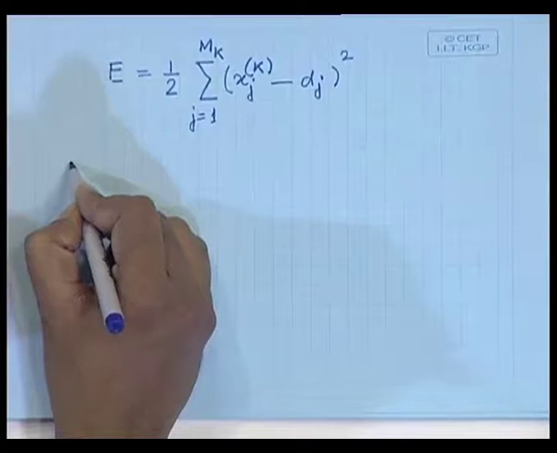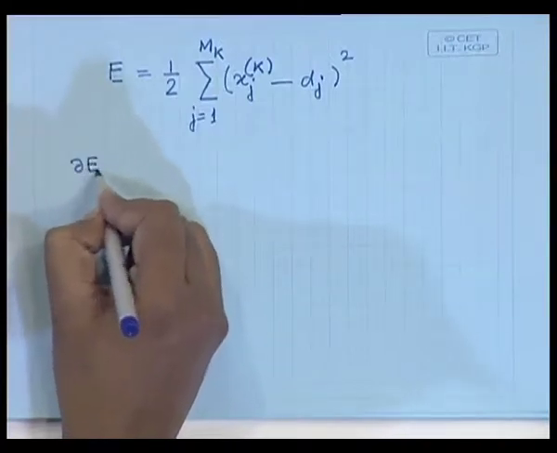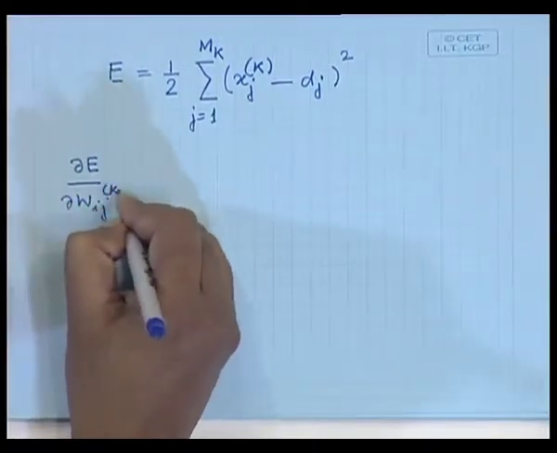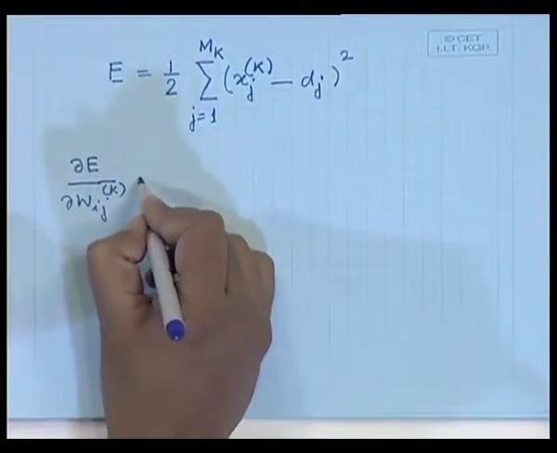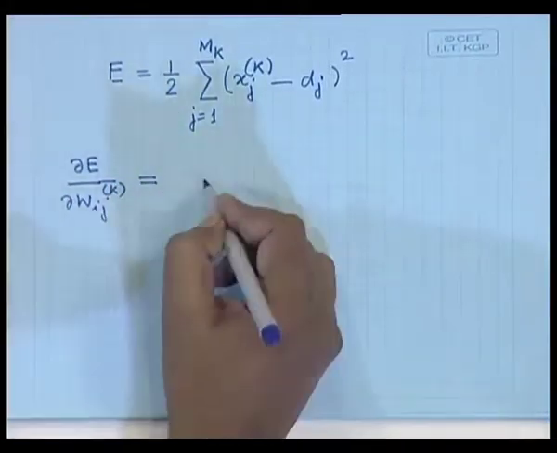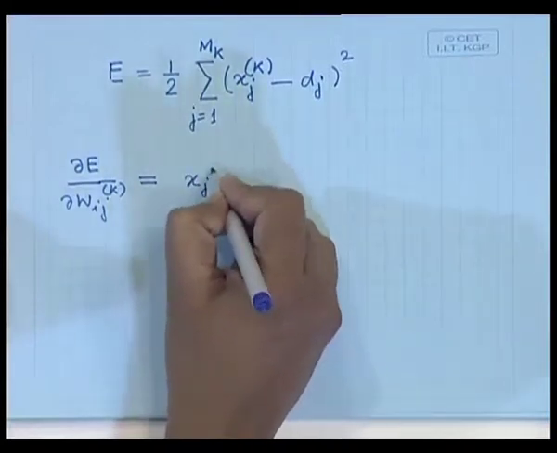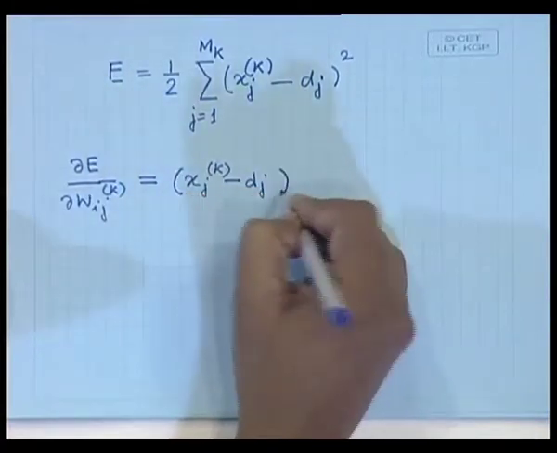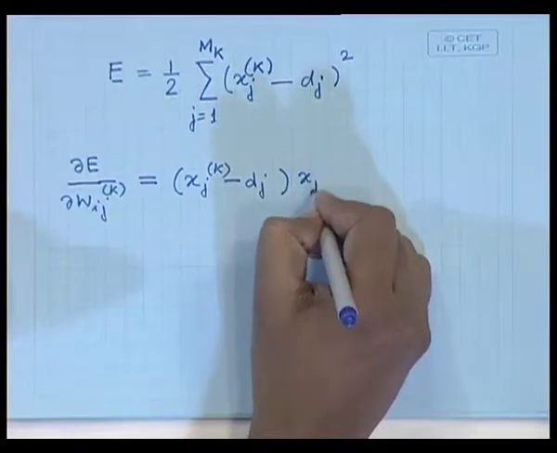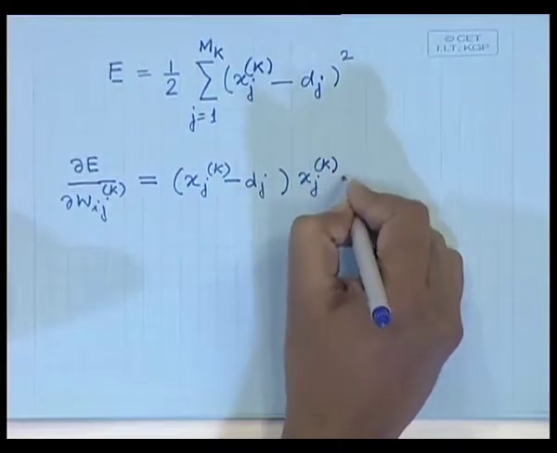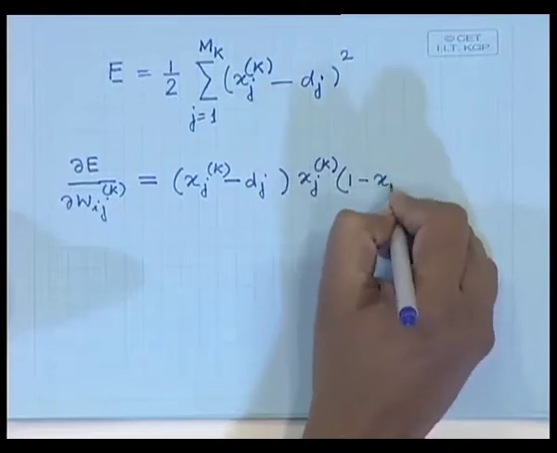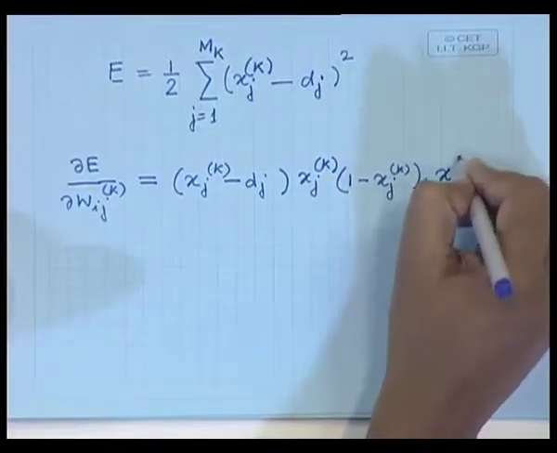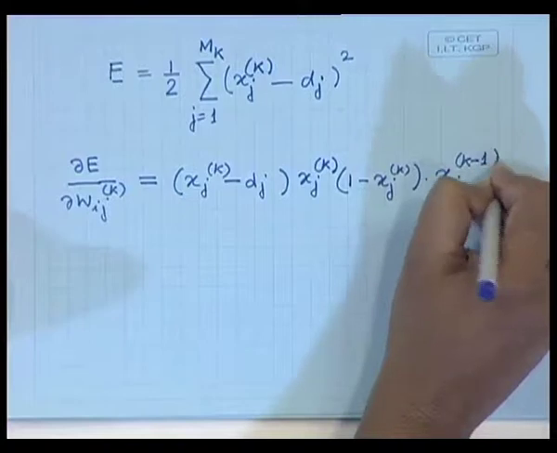So, we have taken the gradient del E upon del w i j k, and this derivative comes out to be x j k minus d j, into x j k, into 1 minus x j k, into x i from layer k minus 1.